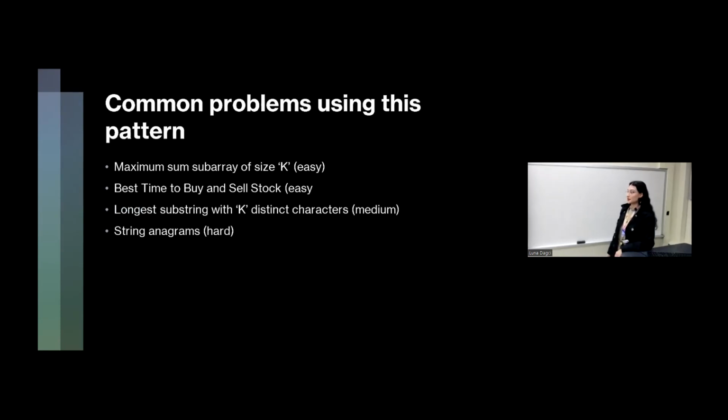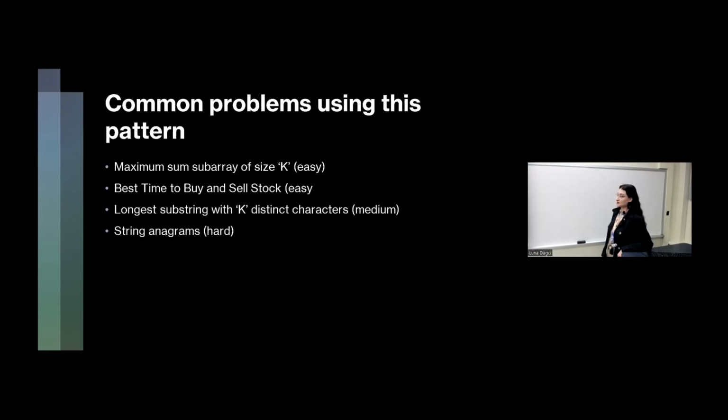You might not know these questions if you are not familiar with LeetCode. I'm not familiar with them either, but we will go over them towards the end of the presentation, possibly, if we have enough time. As you can see from the titles of these questions, one is asking for the maximum sum subarray of size k.